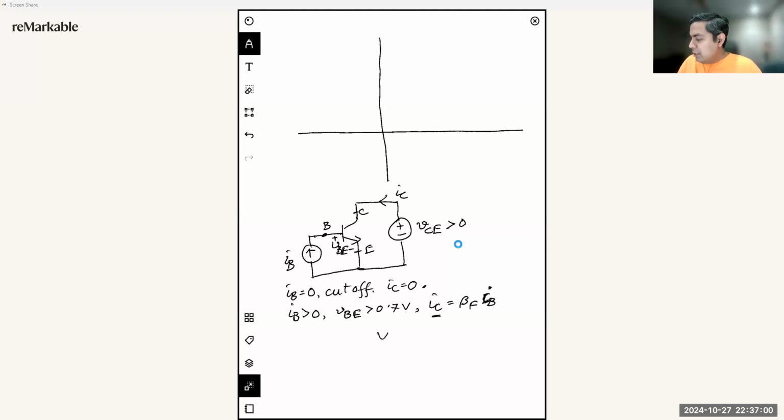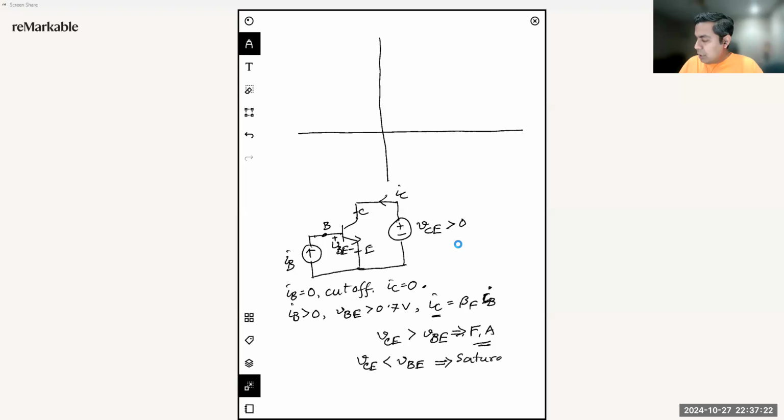As long as the VCE voltage is greater than our VBE voltage, we will be in forward active region. As soon as our VCE voltage is less than our VBE voltage, we will move into saturation.